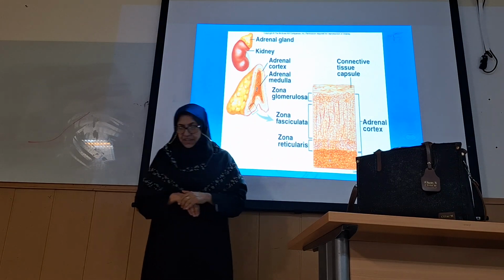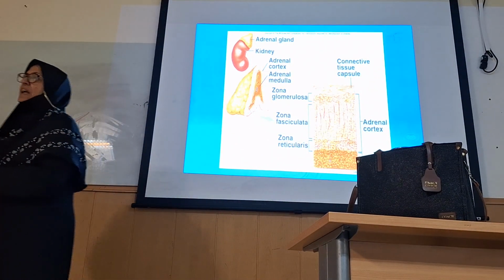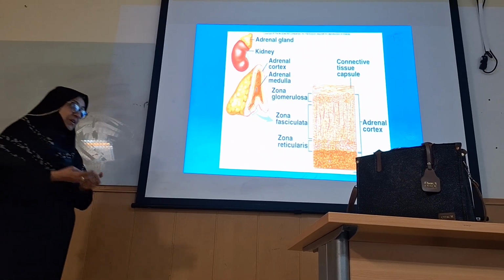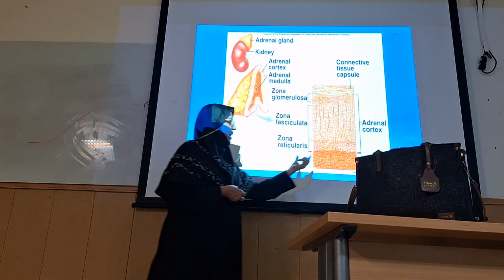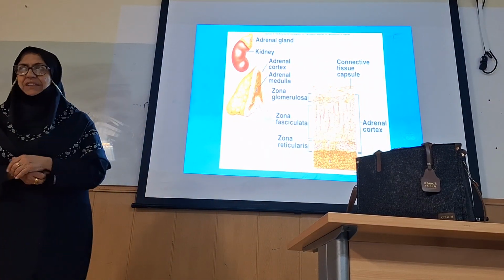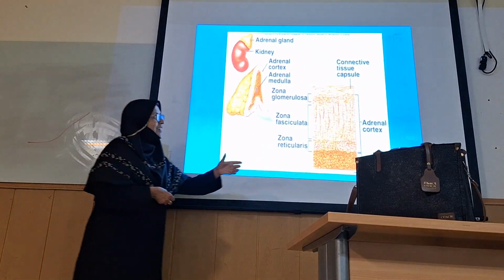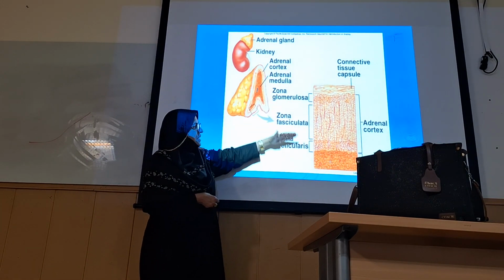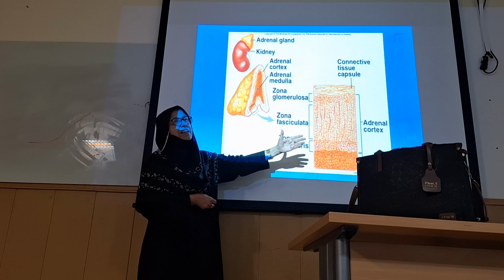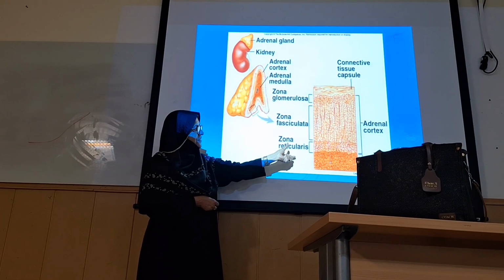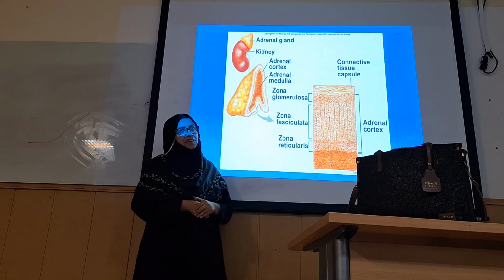The adrenal medulla releases norepinephrine and epinephrine, similar to what is released from sympathetic neurons. Therefore, the adrenal medulla in our body is similar to a sympathetic ganglion. Okay? But the adrenal cortex has three zones or layers: zona glomerulosa, zona fasciculata, and zona reticulata.